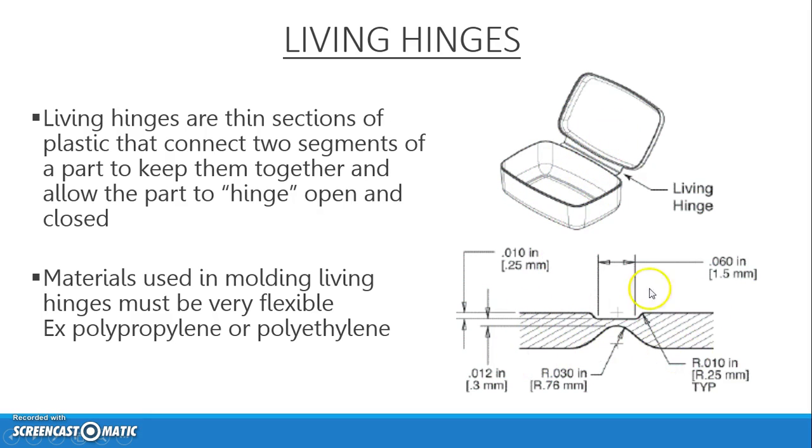This is a non-uniform structure, and the cross section has to follow such dimensions, so all the complexity is taken care of if we design every hinge like these using these standard parameters. We only have to take care of the material we are using. The material must be flexible.